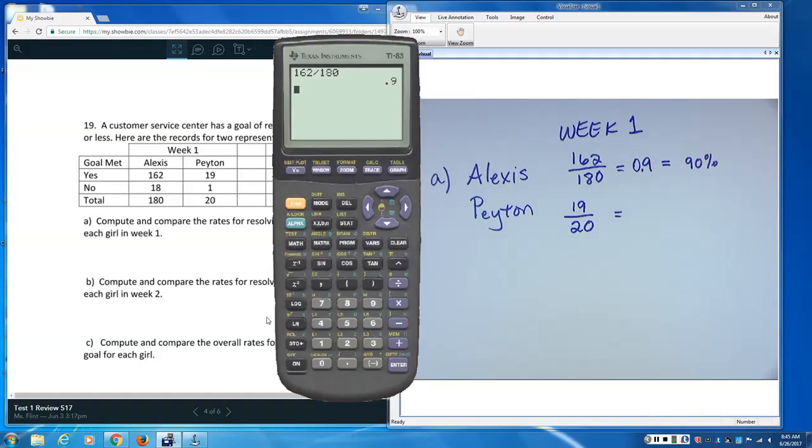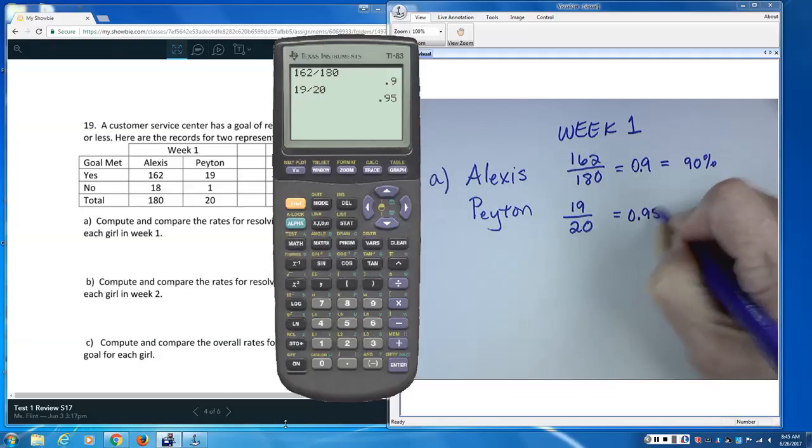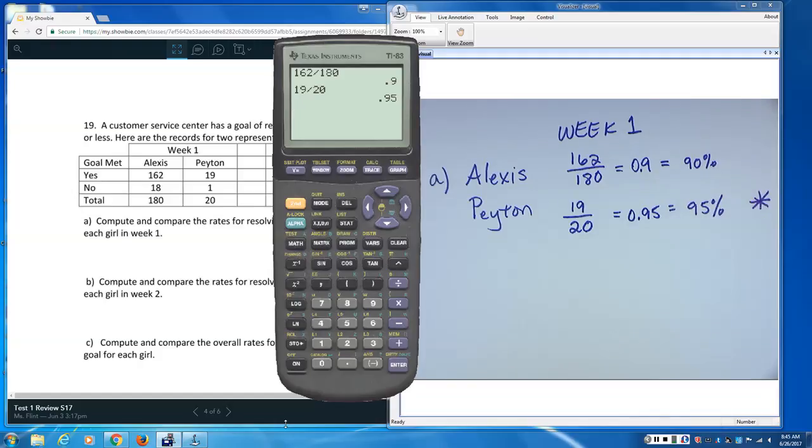Peyton, on the other hand, has 19 out of 20. She has a 95% success rate. So it looks like she did better.